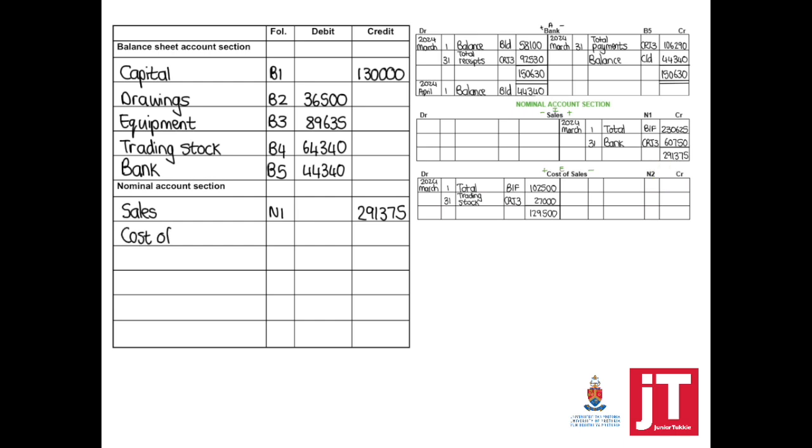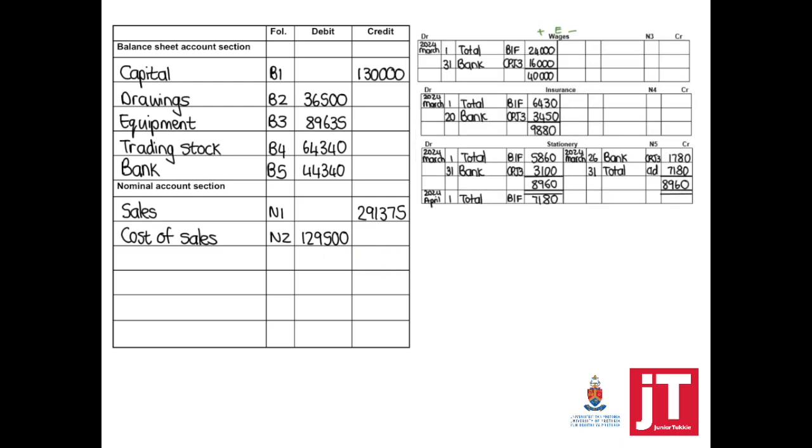Cost of sales, account number N2, my new total on the debit side. Wages, account number N3, 40,000 on the debit side. Insurance, account number N4, 9,880 on the debit side.